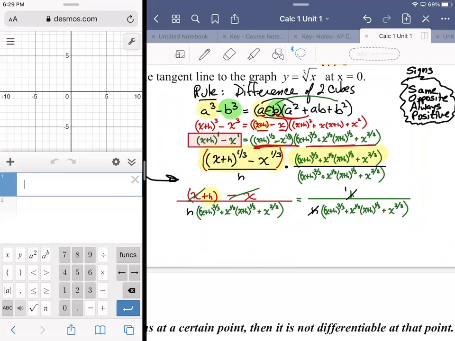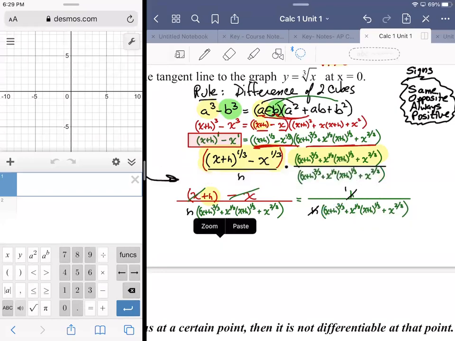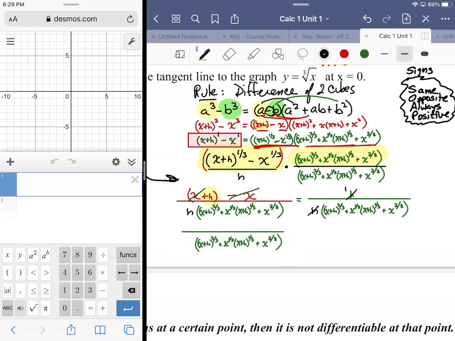If you're going the full calculus route, Calc 2, Calc 3 and all that, it will pay dividends for you to know how to simplify this stuff out algebraically. If you have some good, solid, fundamental algebra skills and the unit circle, that's going to get you a long way in your calculus life.